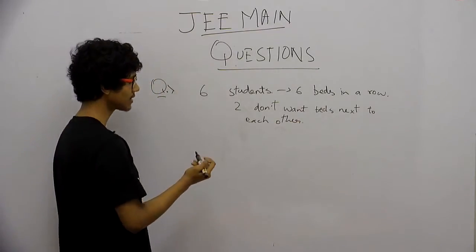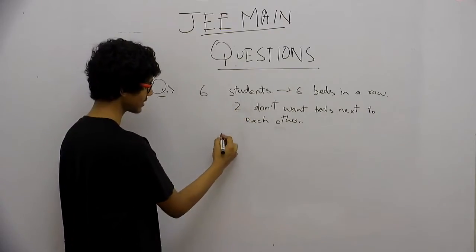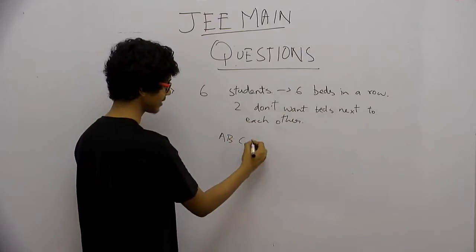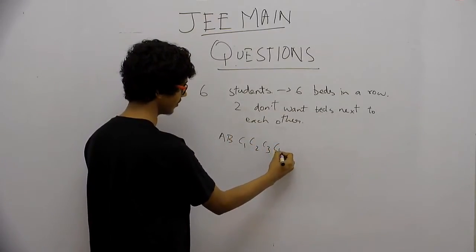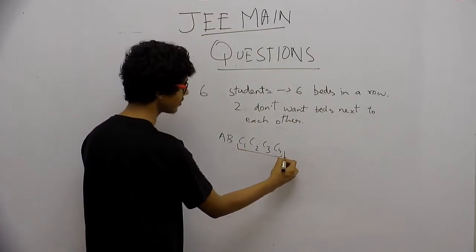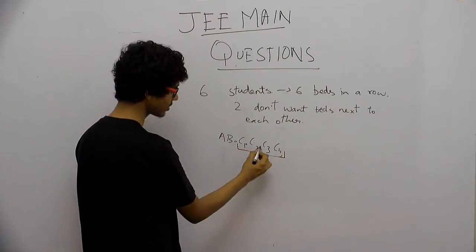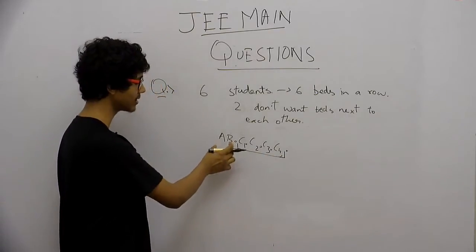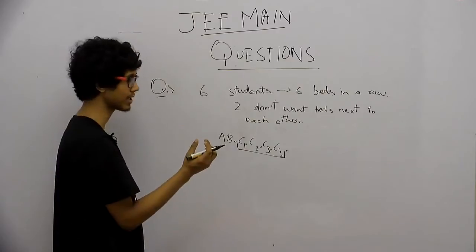Okay, so let's call these two specific students as A and B, and the rest 4, let's say C1, C2, C3, C4. Now we see that if we arrange these 4, we have 1, 2, 3, 4, 5 places in which we can put these both, and their beds will not be next to each other.